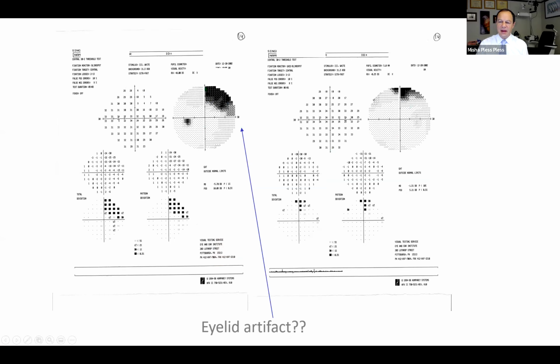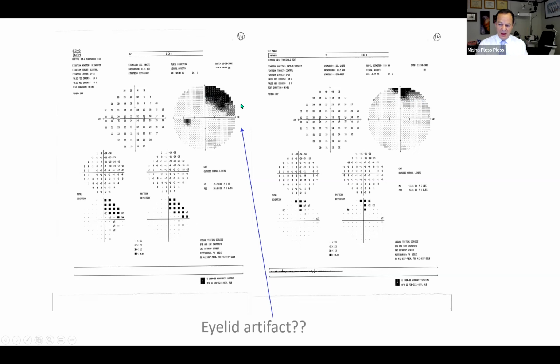The left eye has a superior defect that is far beyond where one would expect an eyelid artifact. In the right eye, you could say, okay, this is eyelid artifact, someone that is sleepy or has low-hanging eyelids or redundant tissue that falls over the normal eyelid, but the left eye, definitely not.